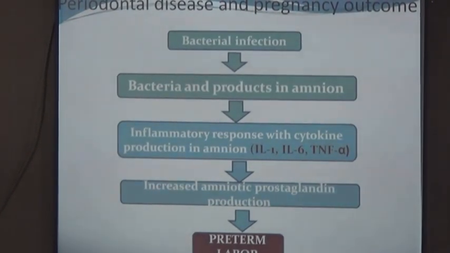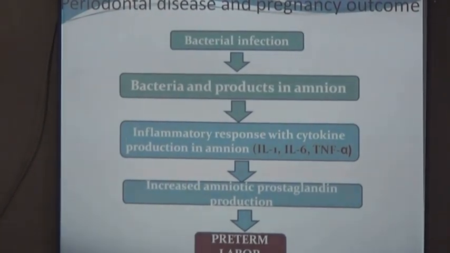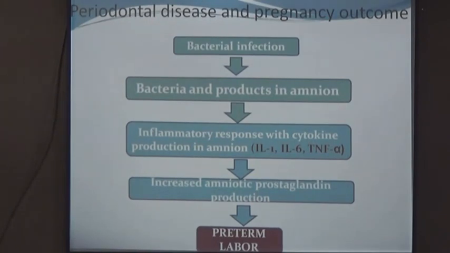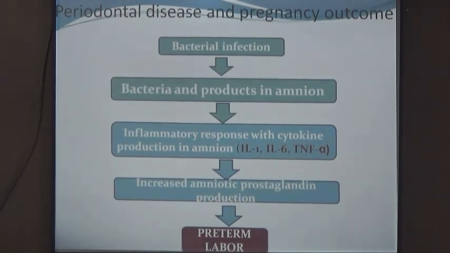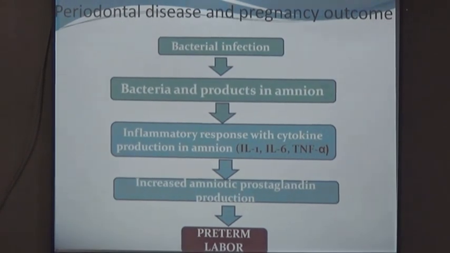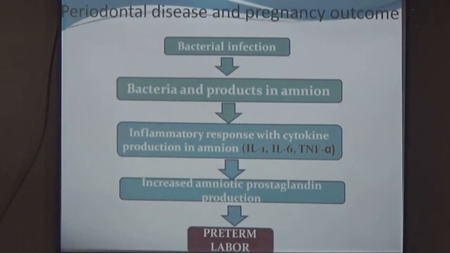Pregnancy outcome. With bacterial infection, what happens? Bacteria and their products enter the amnion, causing an inflammatory response with cytokine production in the amnion and increased amniotic prostaglandin production, leading to preterm labor. Understood? Remember that when we talked about cardiovascular disease, there was increased fibrinogen and blood viscosity, leading to thrombus formation and atheroma.